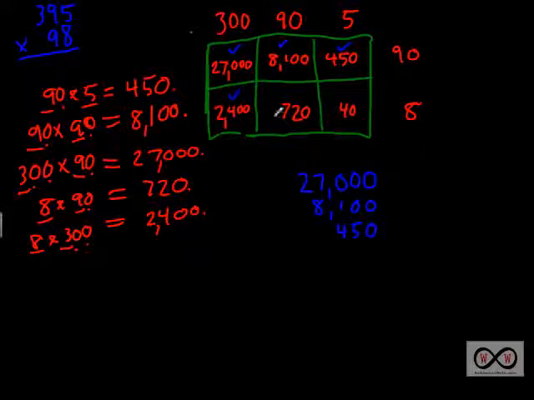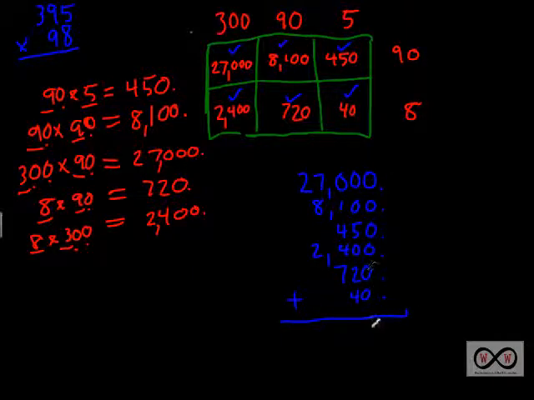So now we're going to put in our 2,400. And our decimal points would be here. 720. And then last of all, 40. And we'll add those up.